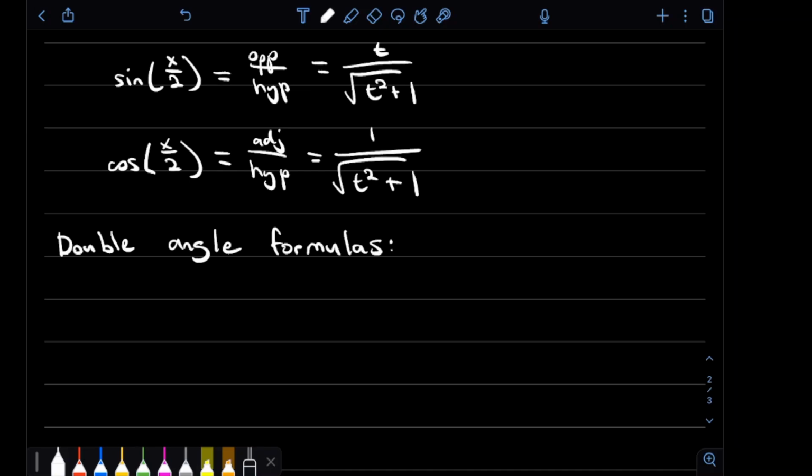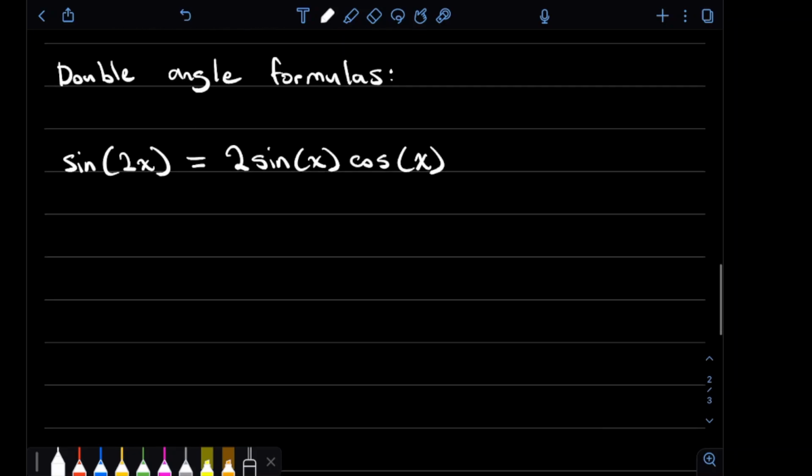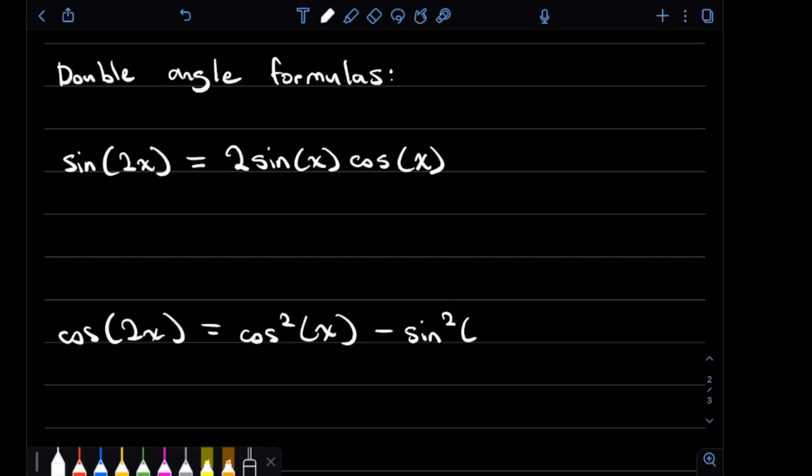So we have sine of 2x is 2 sine of x cosine of x. And I'll write the other one down here just for the sake of it, but you still need to change this a bit in order for it to do anything. So cosine of 2x is cosine squared of x minus sine squared of x.